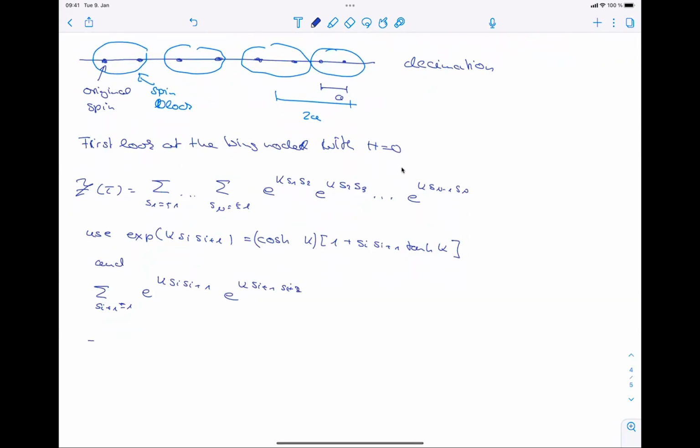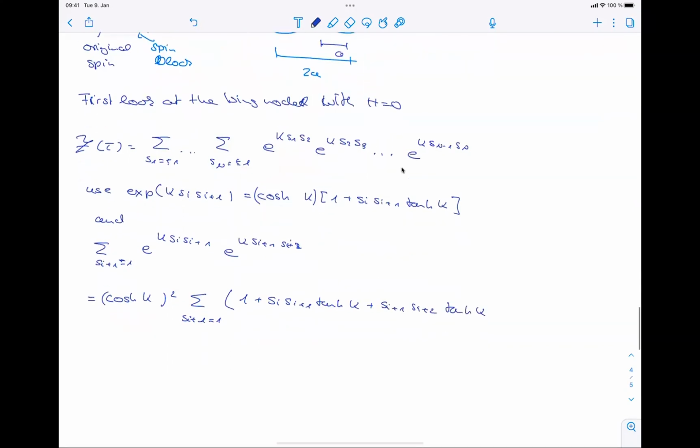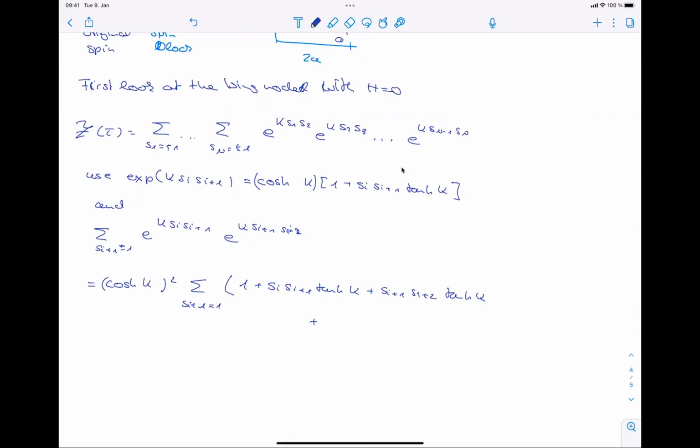Those two become cosh squared, and summing over s_(i+1) equal to plus or minus 1, taking the product of the two terms, 1 times 1 becomes 1, plus s_i s_(i+1) times tanh k, plus s_(i+1) s_(i+2) times tanh k, and then the square term, s_i s_(i+2) times tanh k squared.